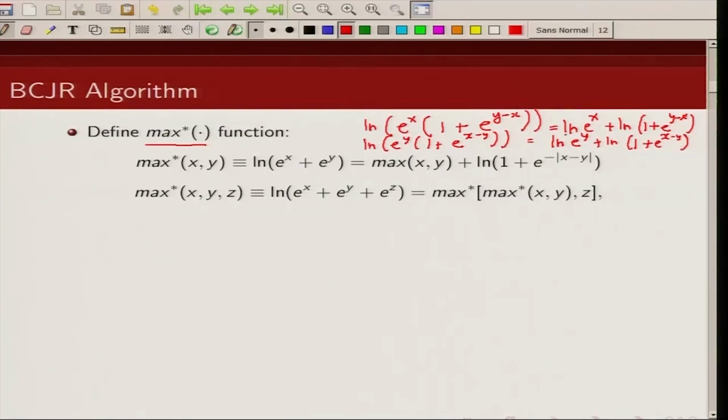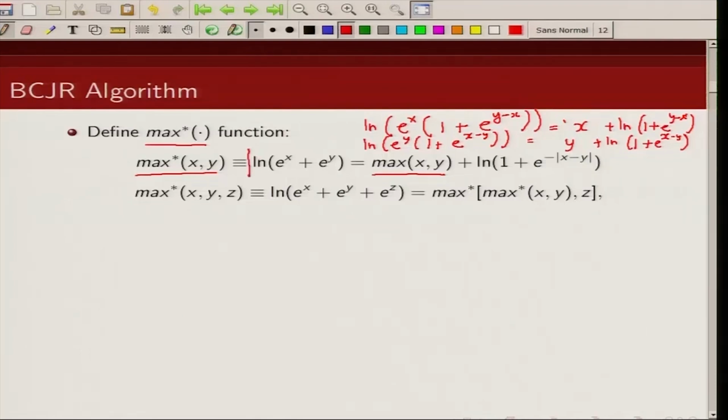And what is log of e to the power x? That is just x. So, I can write max star of x and y as the maximum of x and y plus the natural log of 1 plus e raised to the power minus the absolute value of x minus y, right.